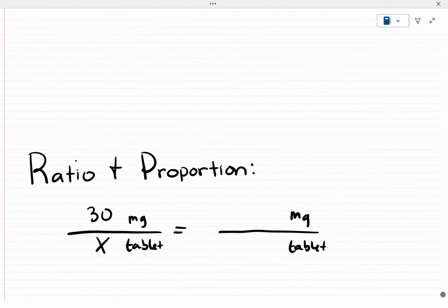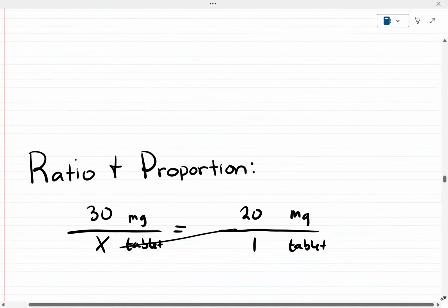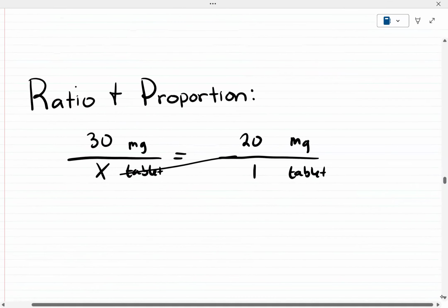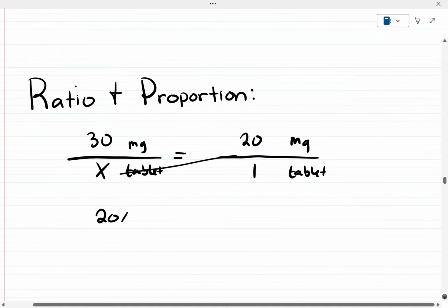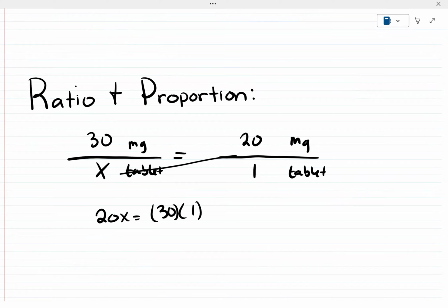And our availability was for one tablet, there was 20 milligrams. Then going across, multiply, so that would be 20x equals 30 times 1. That's 20x equals 30. Solve for x by dividing both sides by 20. The zeros cancel, so it's really 3 halves, which is exactly 1.5 tablets.